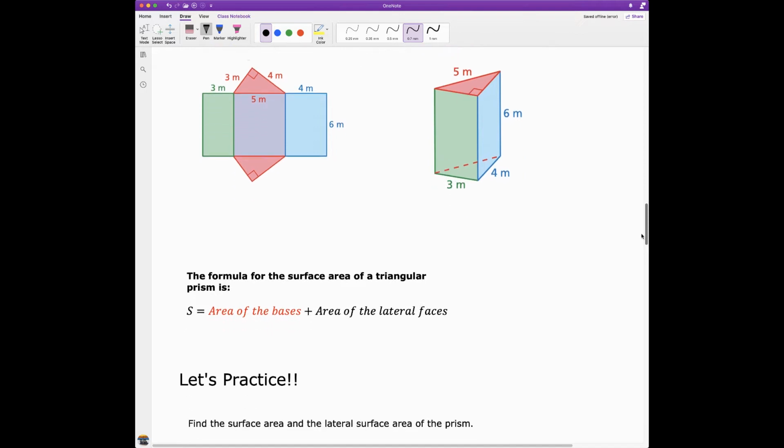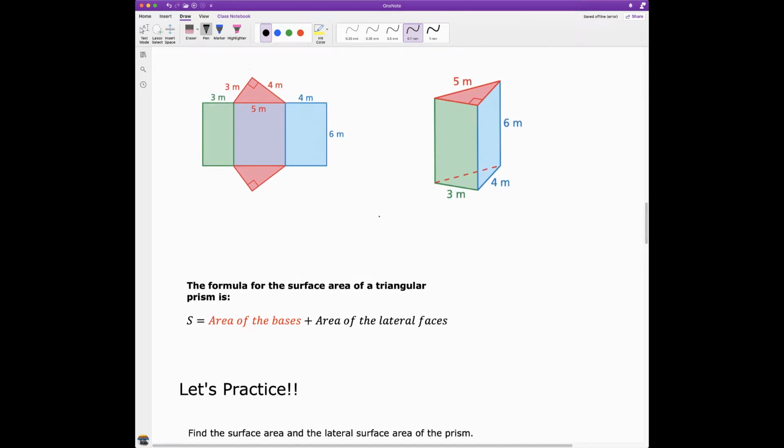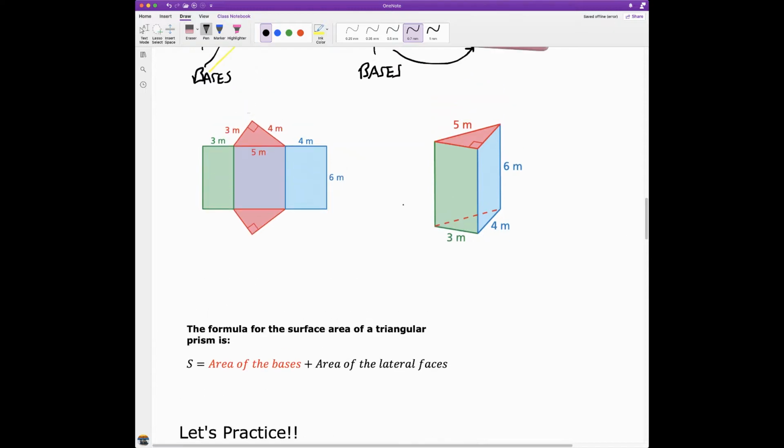Okay, so question for you. In a triangular prism, how many total faces are there? So the total number of faces.